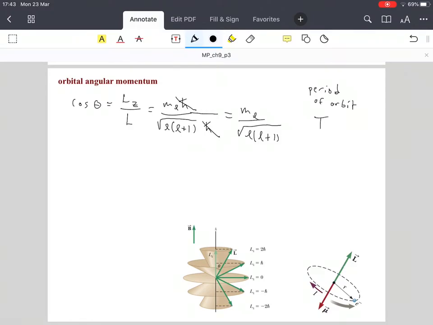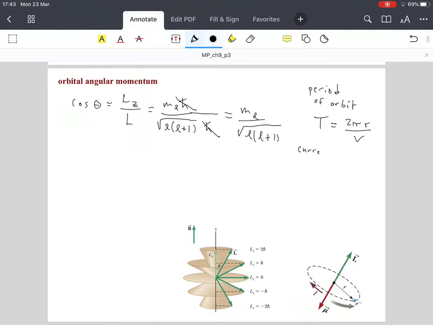So the period of the orbit is the circumference divided by the speed, because that is the orbital speed.